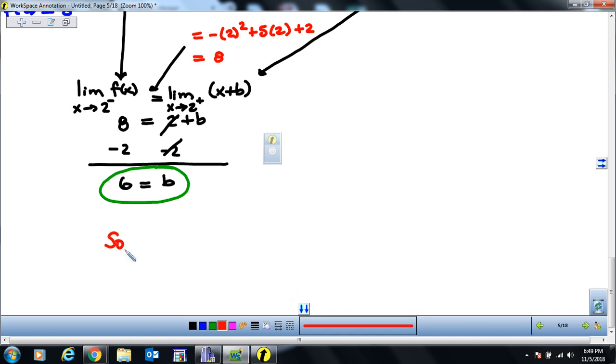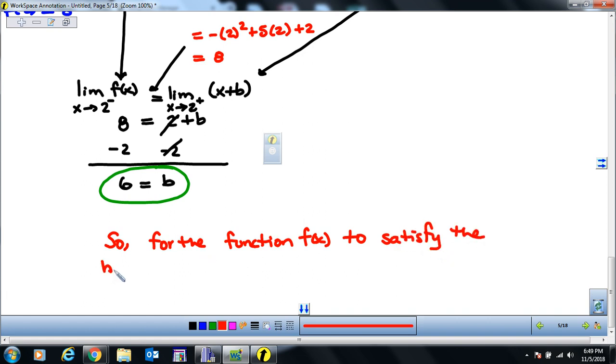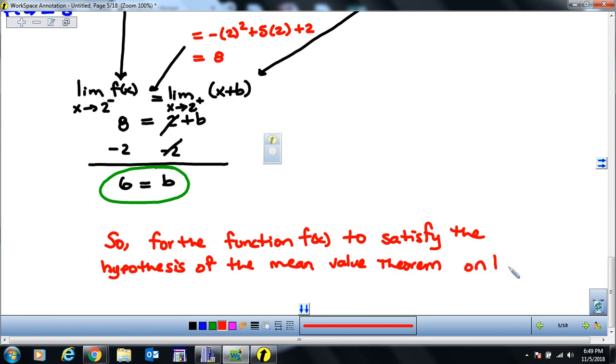So we're going to put here, for the function f of x to satisfy the hypothesis of the mean value theorem on the interval specifically given to us here.